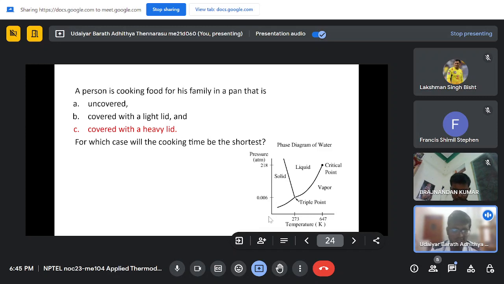There's a rise in temperature which will cause the pressure to increase, and at that point your temperature is also larger compared to the uncovered case, because there the pressure is the room atmospheric condition. Here the pressure will be larger, and correspondingly the temperature of the contents inside. So this will take very less time compared to the uncovered case, and the light lid will be better than the uncovered, and the best will be the heavy lid.